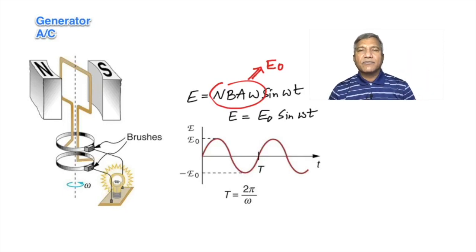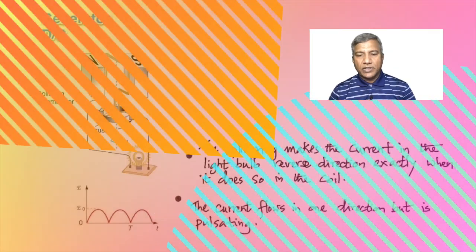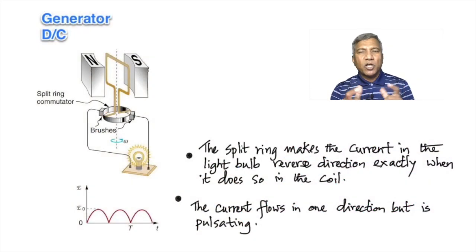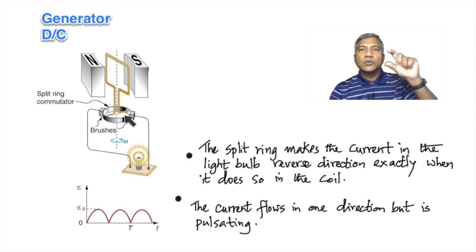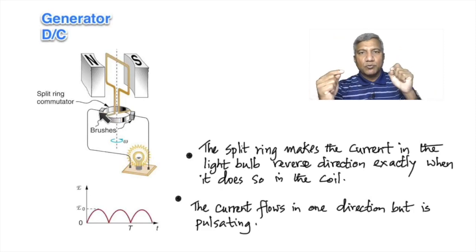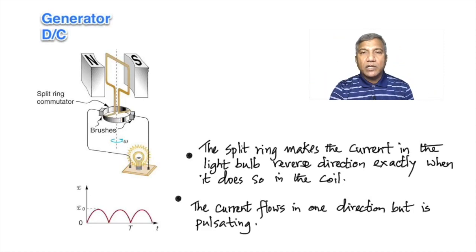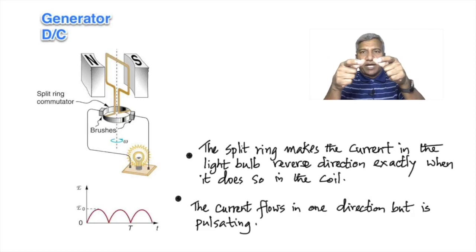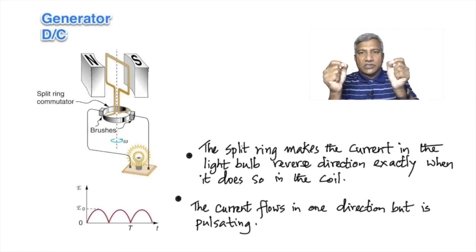Now, in the case of the DC generator, there is a small change. The change is that instead of using 2 slip rings and 2 brushes, we use 1 split ring. So it's 1 ring split into 2 halves, and then the brushes are touching against the opposite parts.